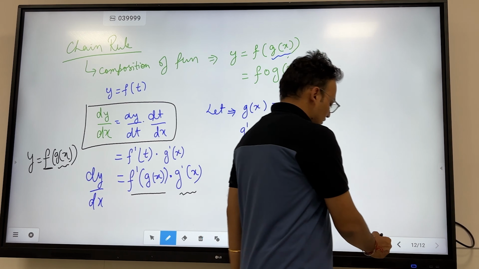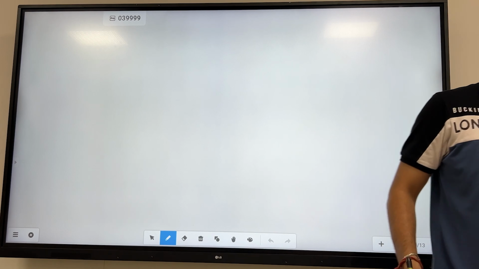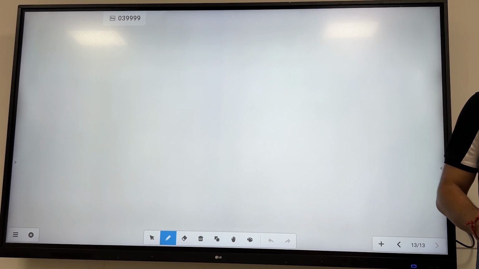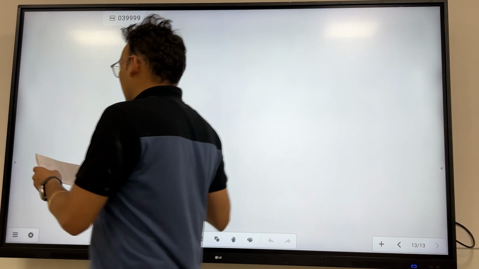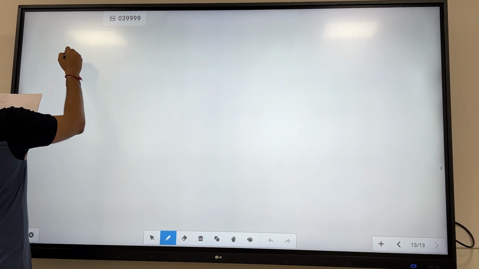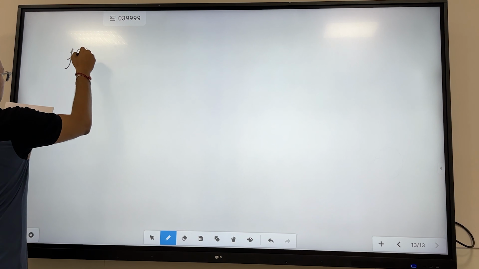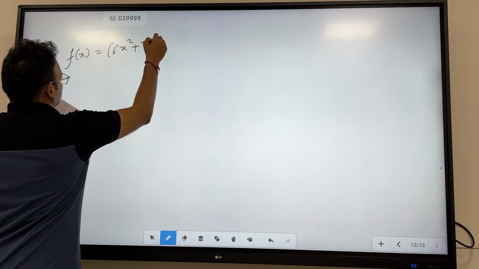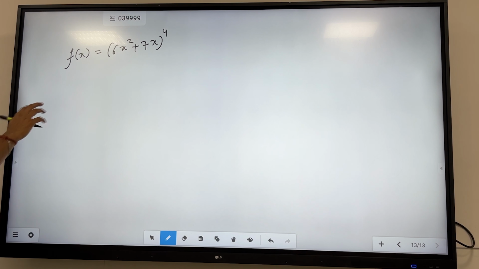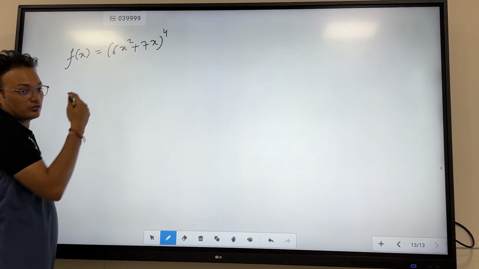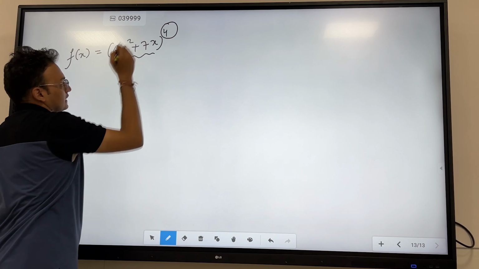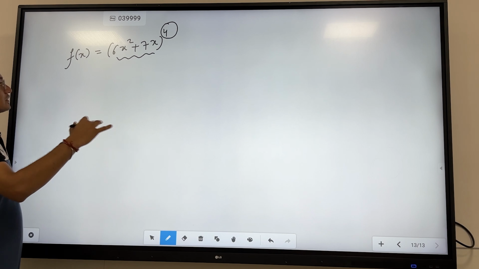Let's do one question from this side, right? Let's solve a question. Let's say we have 6x square plus 7x raised to the power 4. Now you can see that this is the composition of function because this is one function and the power is another function, right?